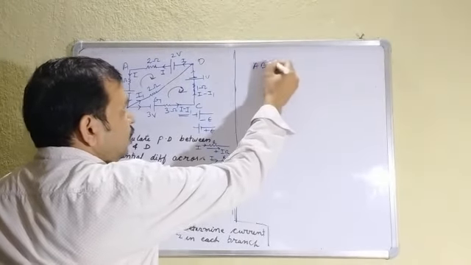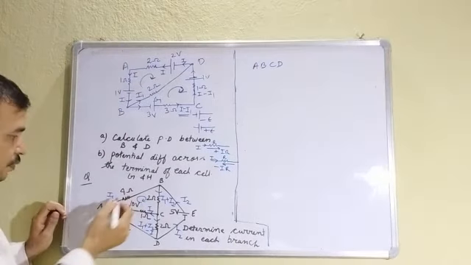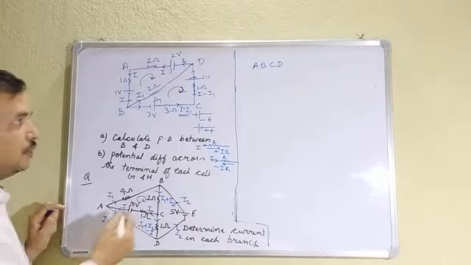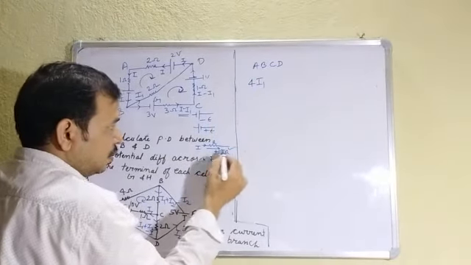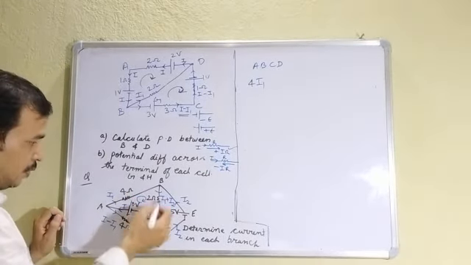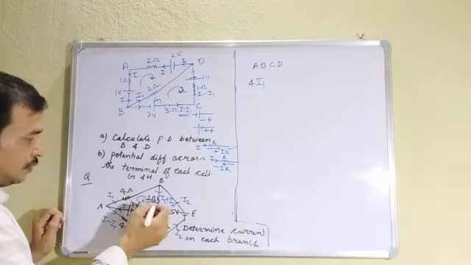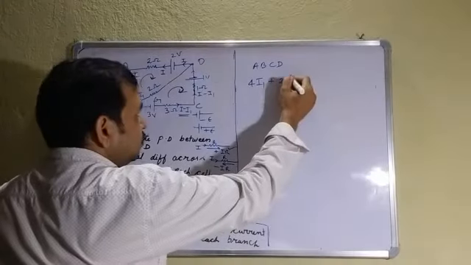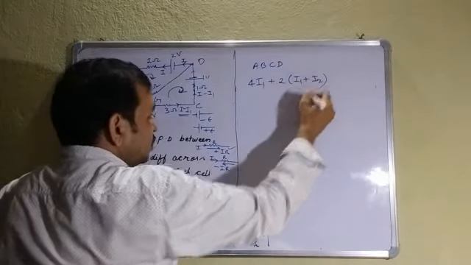Suppose you are moving clockwise: A, B, C, D. See, in the direction of current, the potential drop 4 into I1 is positive. Now from A to B, B to C, we are moving in the direction of current, so the product is positive: plus 2 into I1 plus I2 is positive.